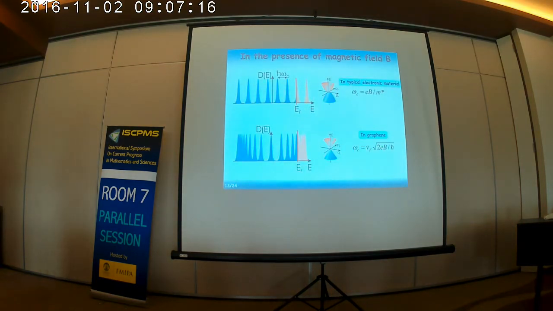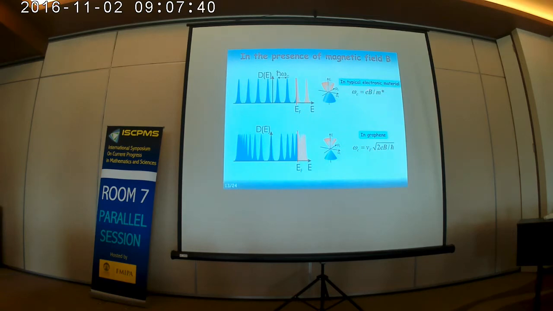So if we look at the general physics textbook, we all know that in the presence of the magnetic field B, the electron will do circular motion in the magnetic field B. There will be a cyclotron resonance frequency.